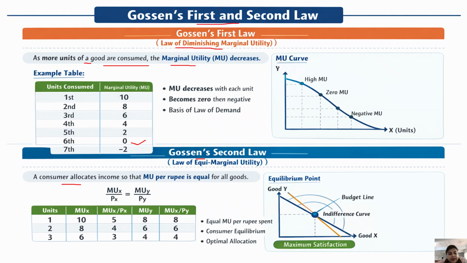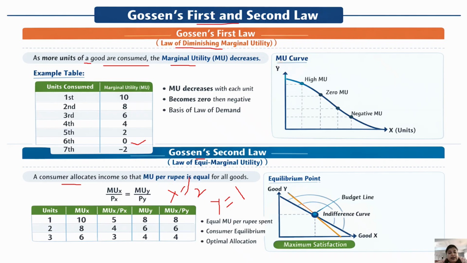For example, let's assume the price of X good is 2 and the price of Y good is 1. So we divide the marginal utility of X by the price of X. We get 5, and after that we divide 8 by 2 and get 4, and then we divide 6 by 2 and get 3.